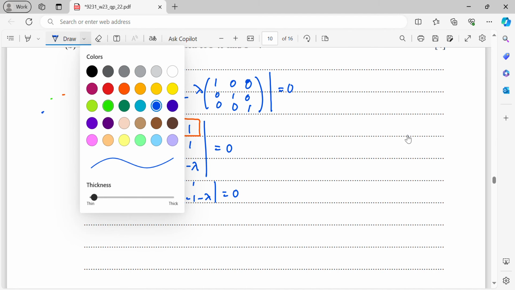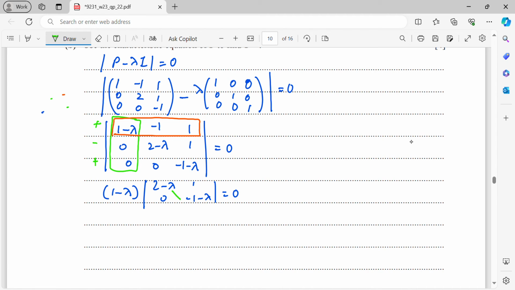Now this is a 2 by 2 determinant. So the green arrow minus the orange arrow. Okay, then you will be getting 1 minus lambda, 2 minus lambda times minus 1 minus lambda, minus 1 times 0 is 0. That means now 1 minus lambda.